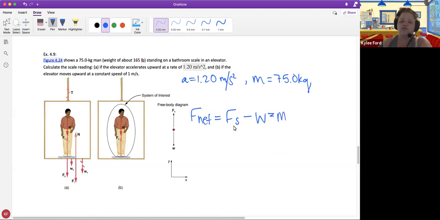So our net force will also equal that acceleration times the mass of the man. Again, we want to know how much force is being applied to this scale, basically.